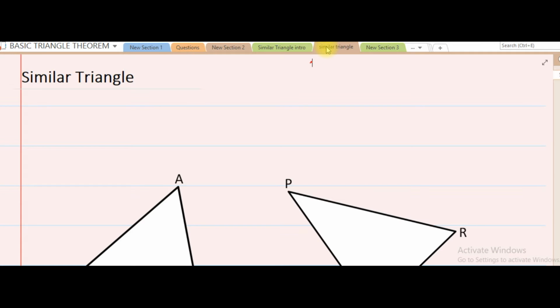Okay, similar triangles. Two triangles are similar if the corresponding sides are of the same ratio.